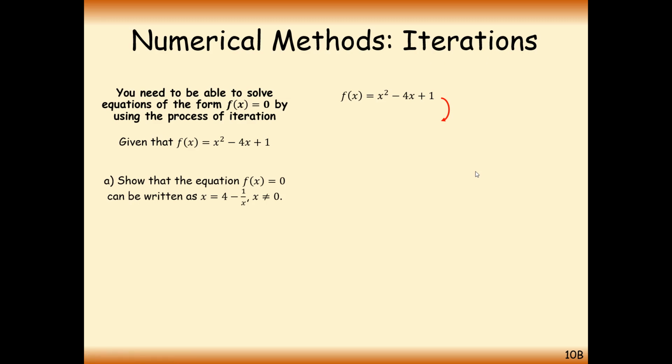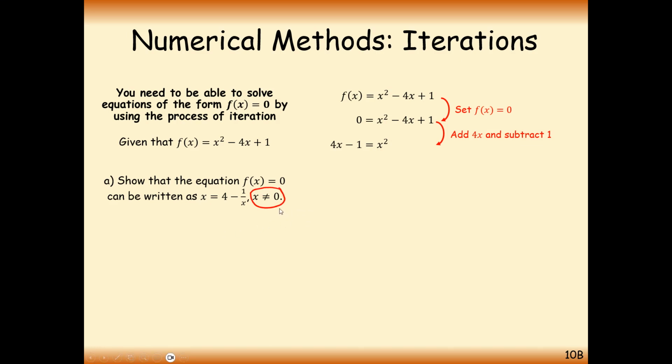Well, if we take x squared to one side of the equation, when f of x is equal to 0, then we will have x squared equal to positive 4x minus 4. Dividing by x is an allowed operation, because we were told that here x is not 0.